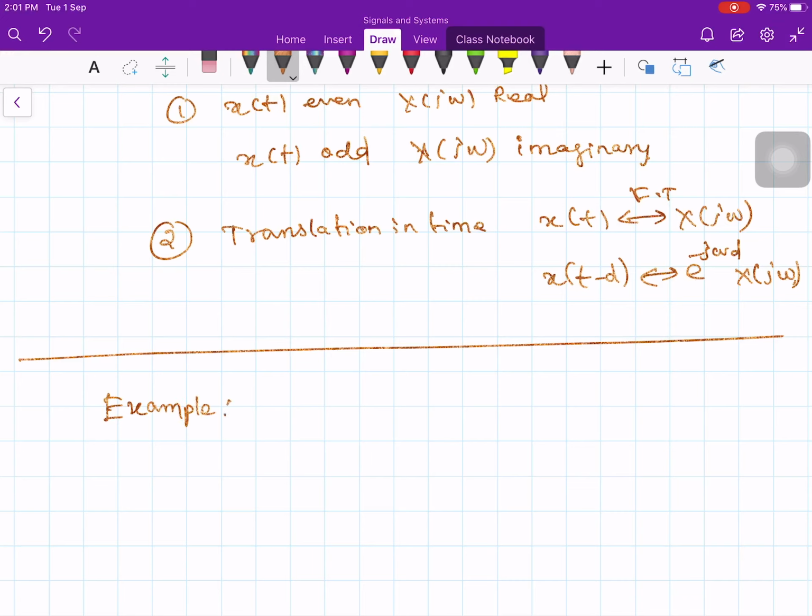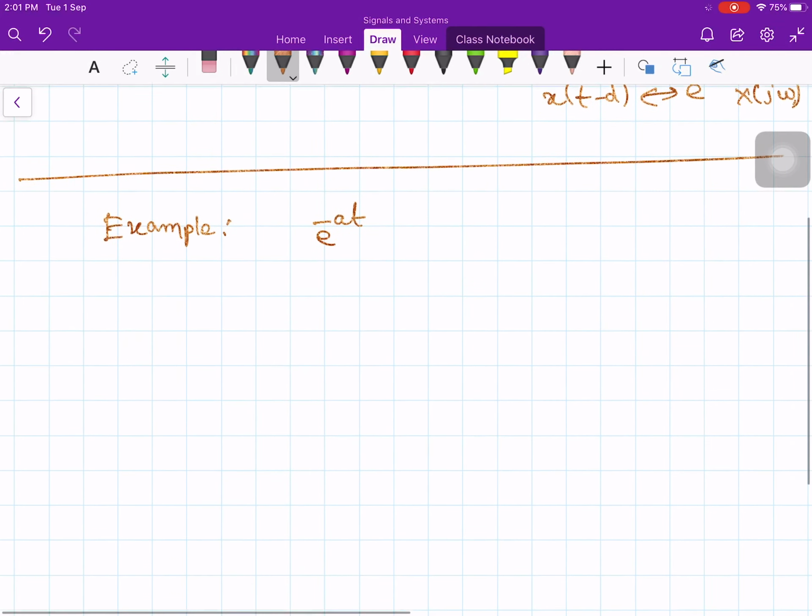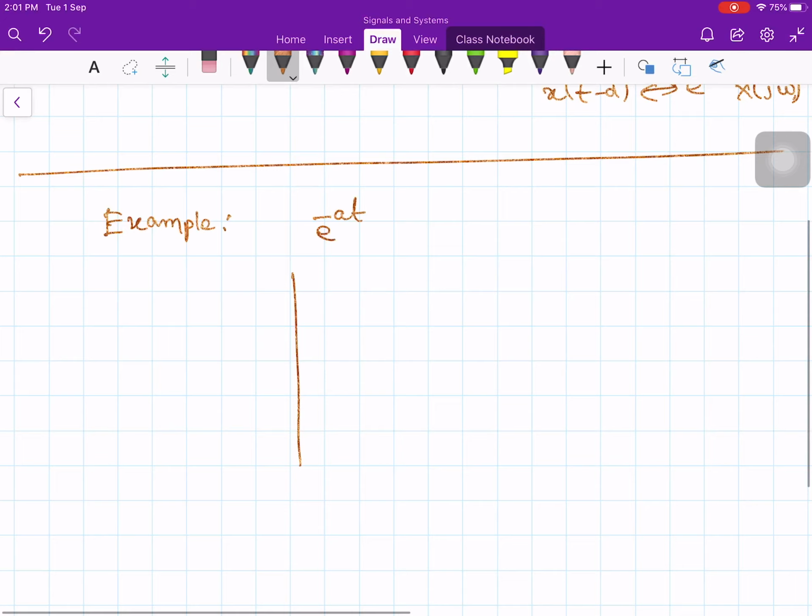Suppose we take a function e to the minus at. This function e power minus at follows a rule for a finite duration. Let's say this is minus d and this is plus d. In between you have the function like this.